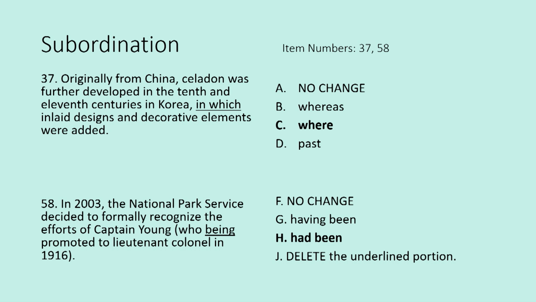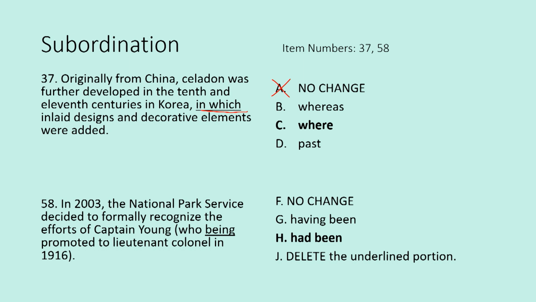Originally from China, Celadon was further developed in the 10th and 11th centuries in Korea, in which inlaid designs and decorative elements were added. So "in which" is one of the subordinating conjunctions it's using. Does that particular conjunction work in this sentence? I say it does not, so we know A is not the correct answer.